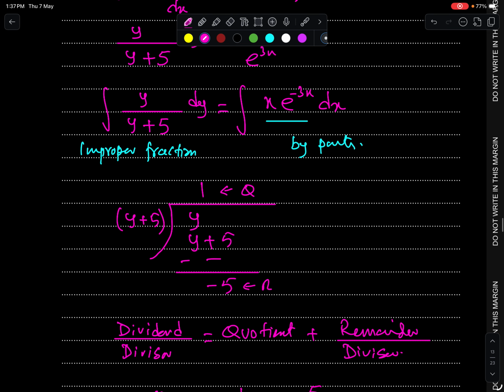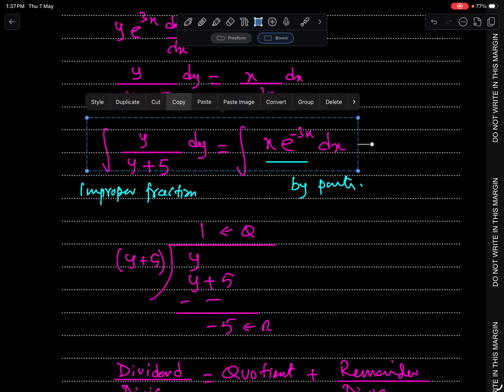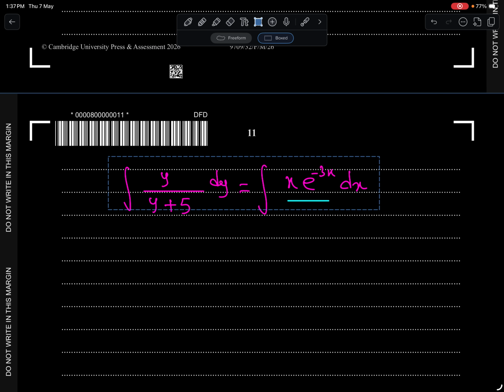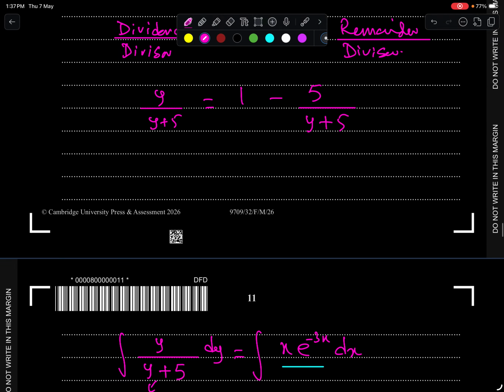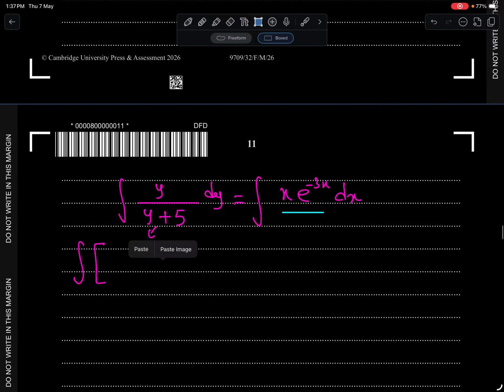Alright, now copy this and replace this fraction by the new fraction, 1 minus 5 upon y plus 5. Here we have to use by parts, so just copy this.